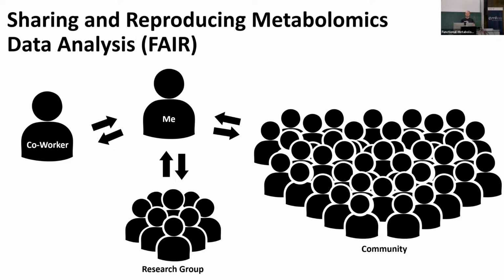Okay, and then at large, and that perhaps is the most important aspect of this, it makes this data accessible to the community. Particularly as reanalysis and meta-analysis become more and more feasible with emerging tools, that I think is the really huge power of it.